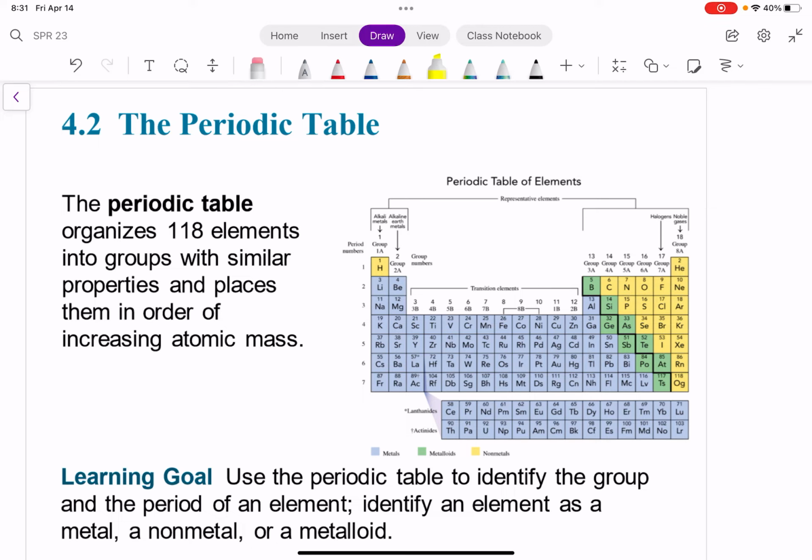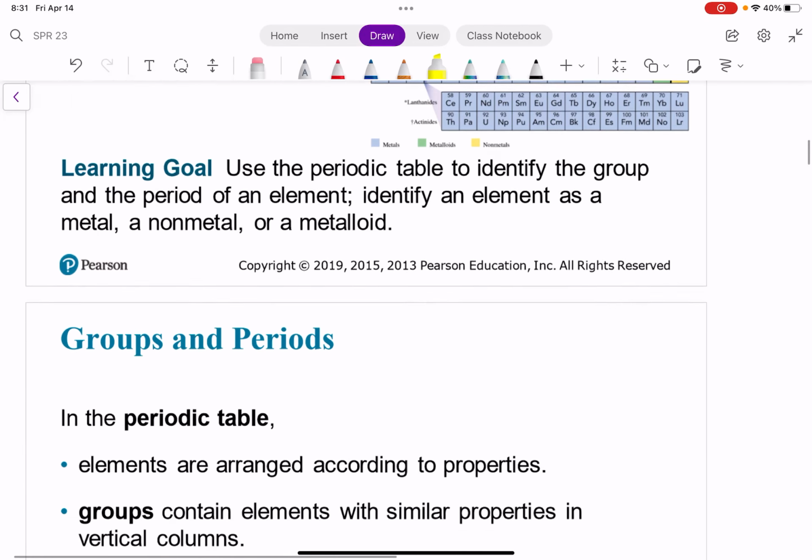The one that we use is organized by groups, with similar properties and in order of increasing atomic mass. We'll talk about what those two things mean. But basically, the idea is to make it as convenient as possible to know as much as possible about your element without necessarily having to write that down on the periodic table.